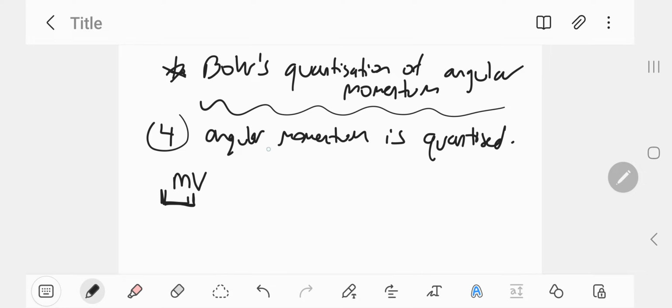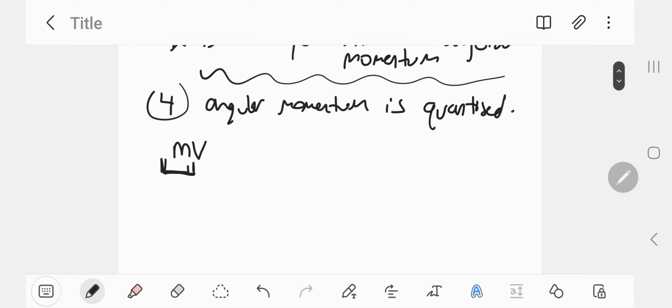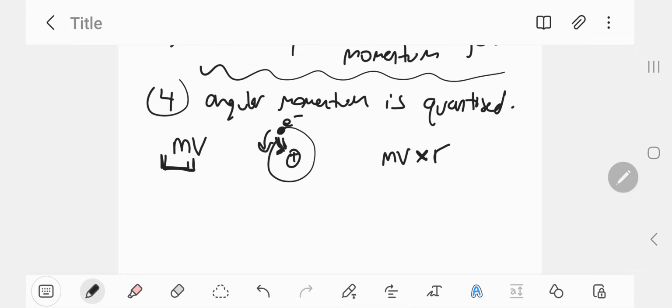Now, for an object moving in a circular path, like an electron moving around a nucleus, its motion is directed towards the center of the atom, which is the nucleus. And as such, its momentum, mv, has to be multiplied by the radius, r, the distance between the electron and the proton, in this case.